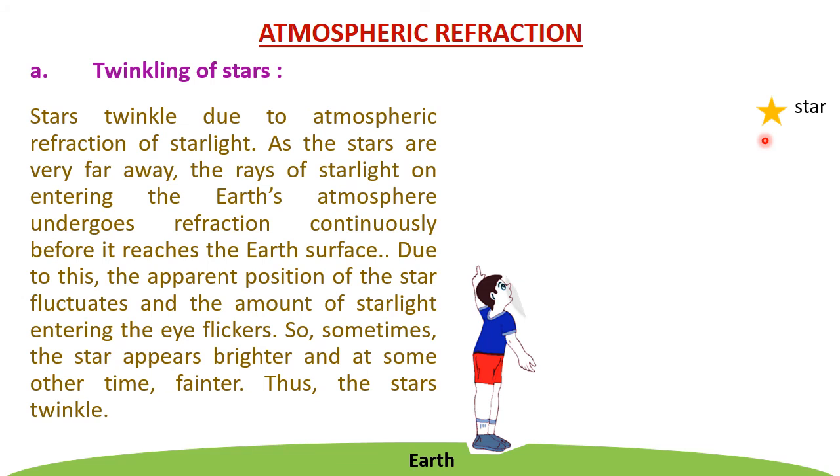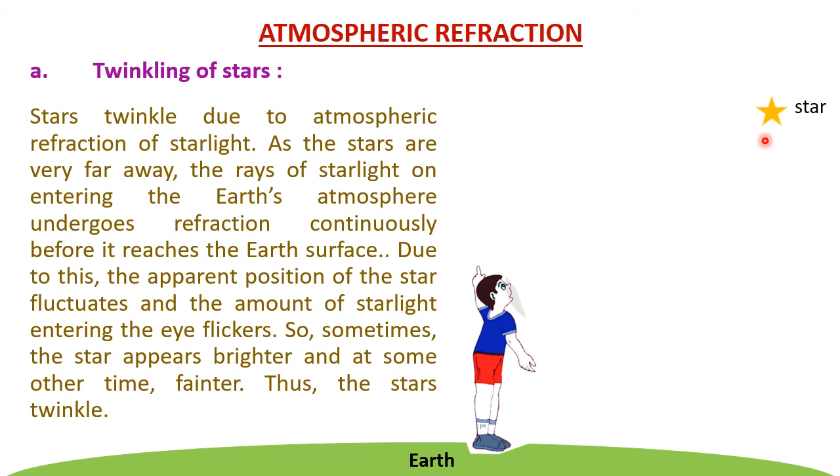Now, as we already know, the Earth's surface is covered by layers of atmosphere. The nearest layer is called the troposphere. Then after the troposphere, we get the stratosphere, ionosphere, and exosphere. And the density of the air decreases as we move upwards from the surface of the earth.